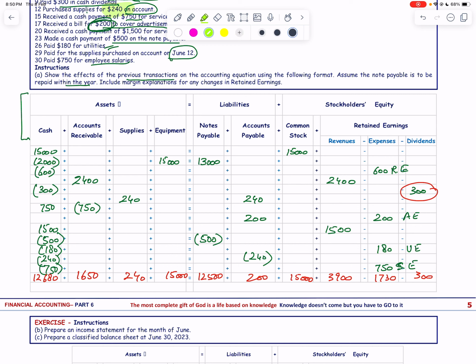So now we make the total for the assets and the total will be 29,570. Next we go for the total of liabilities and stockholder equity and this will be again equal to 29,570 and the equation is balanced.